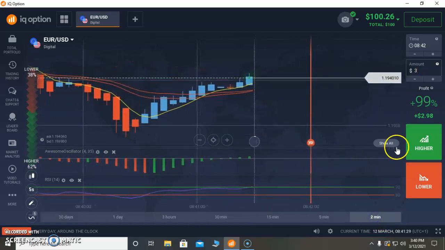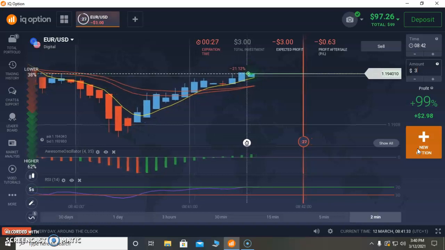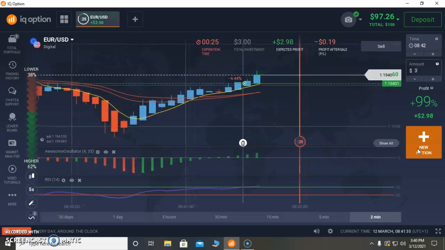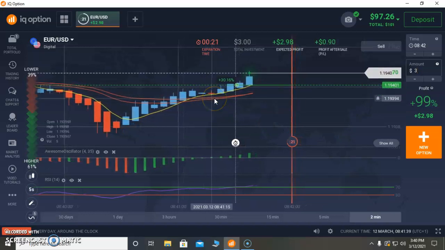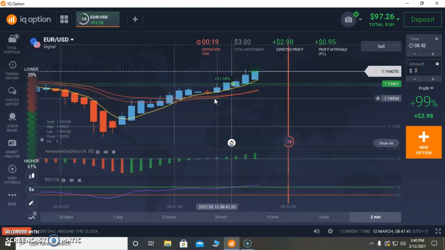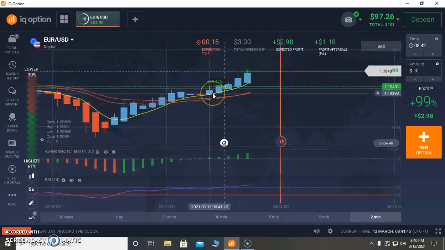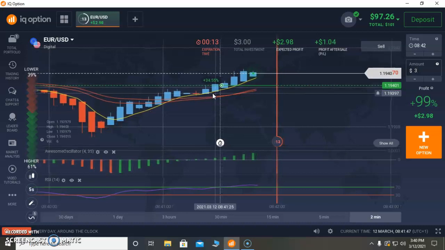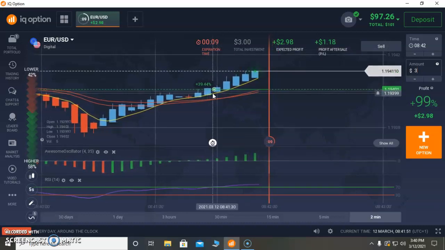Tingnan natin dito. Higher tayo, habol last minute. Why? I've seen this. Usually pag nakikita ko yan, yung umakyat dire-diretso and then merong isa or dalawa na red. Tuloy siyang umakyat within 30 seconds time.